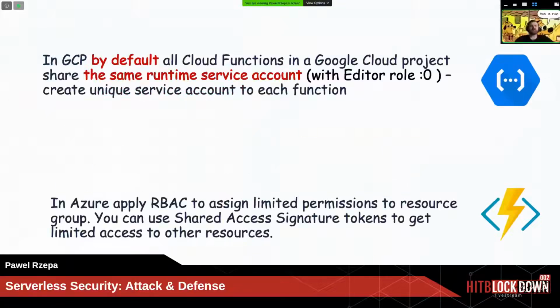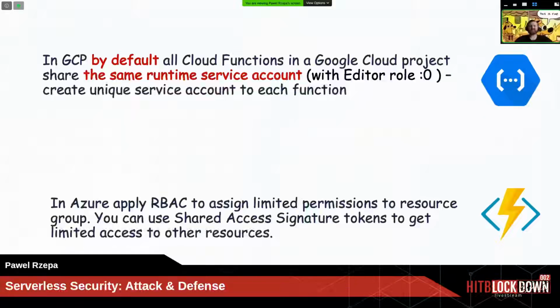And the interesting thing in GCP is that, as you remember from the beginning, by default all cloud functions run under the same service account with the editor role that allows you to access everything. So you have to explicitly create a unique service account per each function to limit their permissions. And in Azure, you should apply role-based access control to limit the permissions.